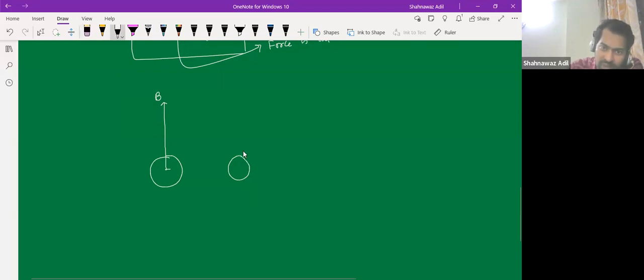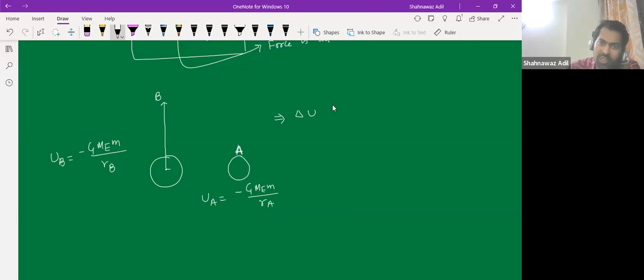So what would be the change in potential energy? At B the potential energy is minus GMEM divided by RB, and at A the potential energy is minus GMEM divided by RA.